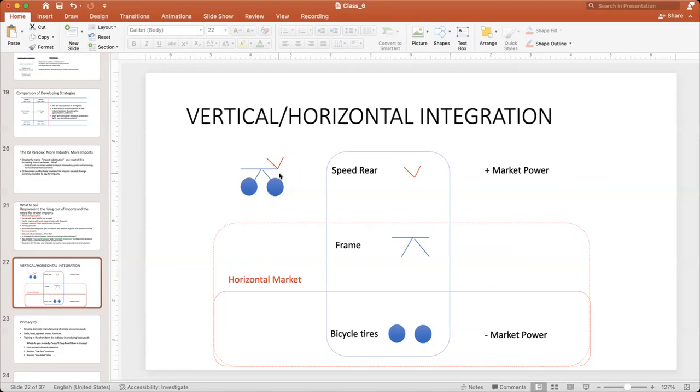So if the good has lower levels of competition and requires high levels of technology to be produced, that good has more market power, because the firms that could produce this type of product could, in a way, behave as a monopoly. They could decide the price of the product.